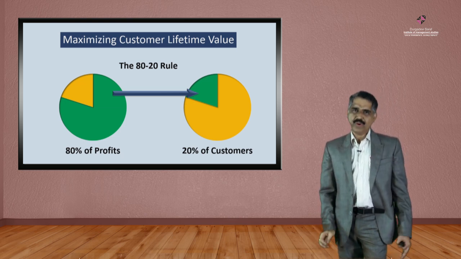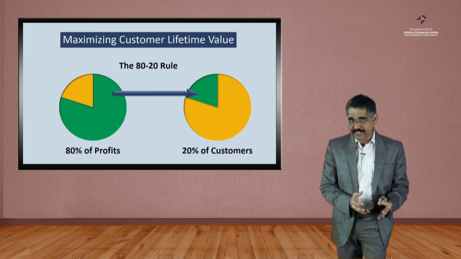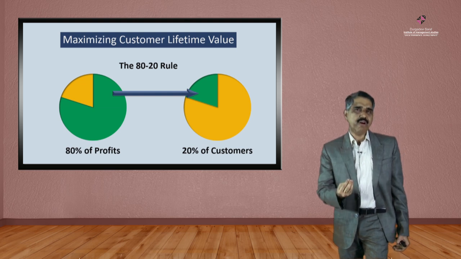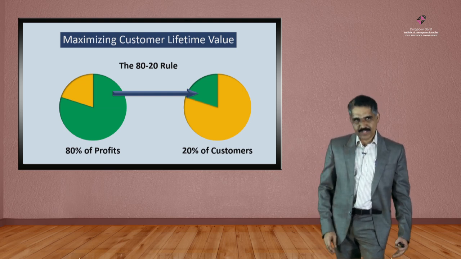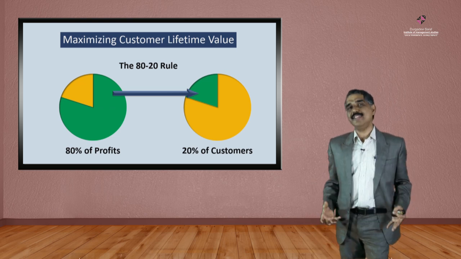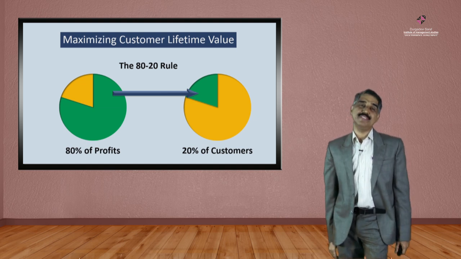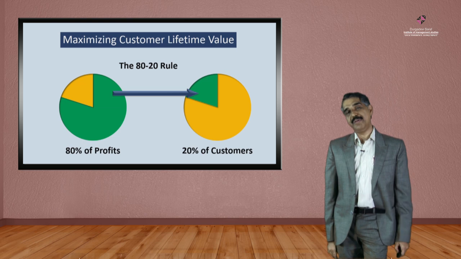What a big chunk of profit contributed by a small number of customers. Isn't it a paradox where a small percentage of the customers are contributing 80% of profits? Let's see how this is happening.